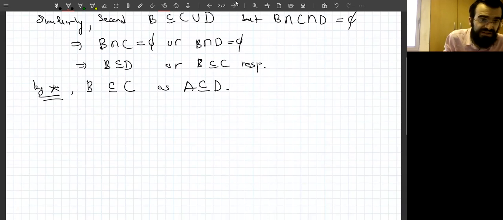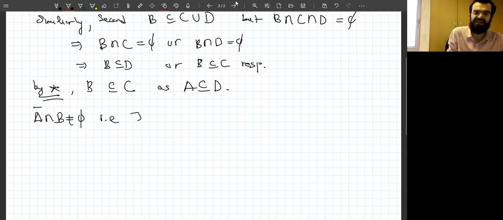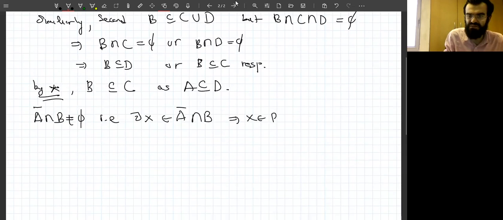Now this set, the closure of A intersection B, is non-empty. There exists x in here. This implies x is in B, but this is contained in C, and C is open.